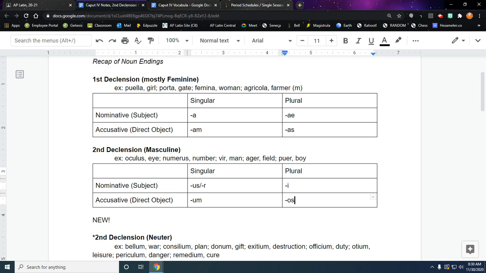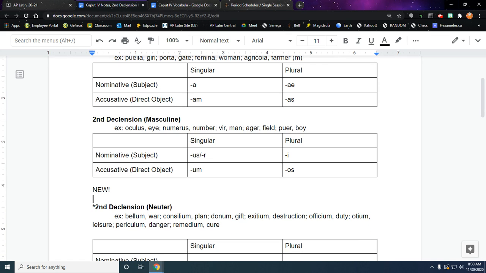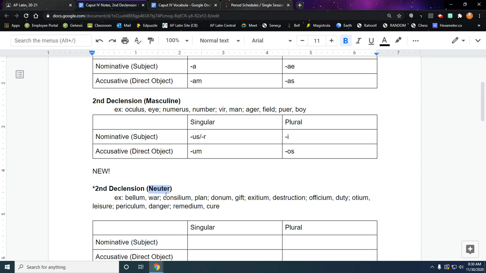Okay, so those are the noun endings that we've encountered so far, and the two different types of nouns. But what's unique to Latin, German has it as well, is that there's a neuter variation. So these are still considered second declension nouns, but they're neuter, so they look a little bit different. So we're going to take a look at that.